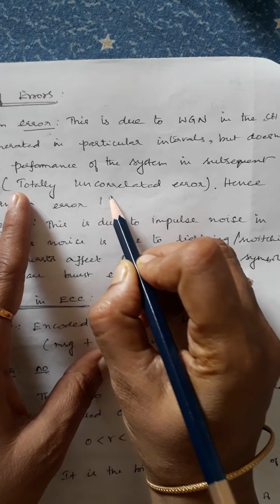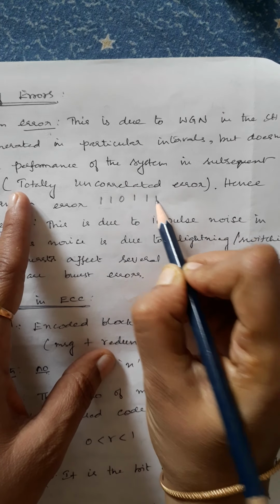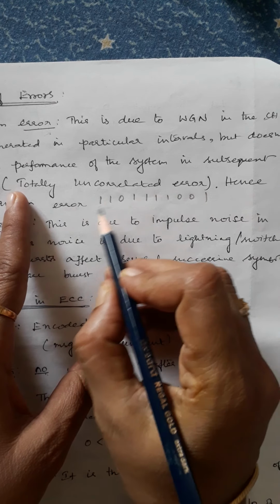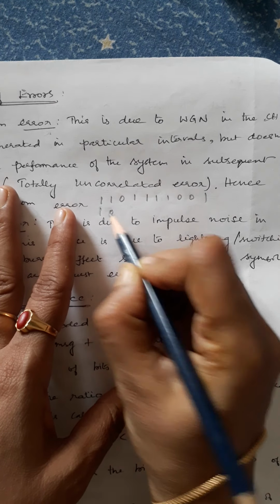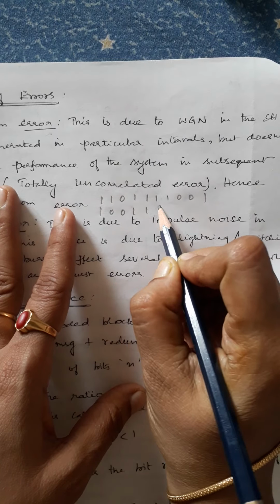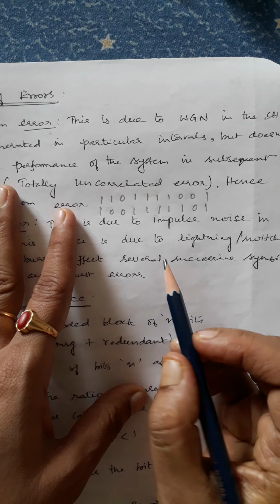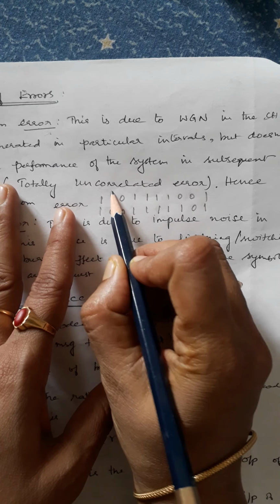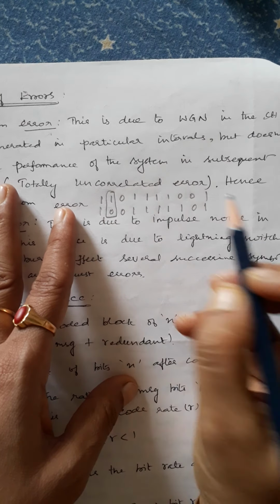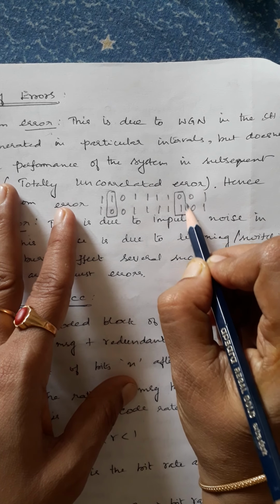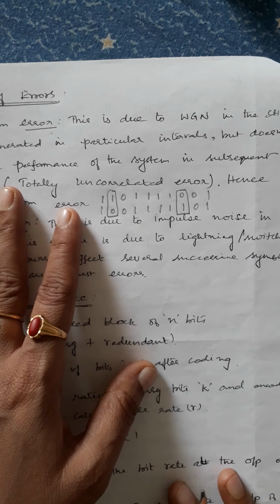Suppose I have got a sequence. Assume this is the sequence being transmitted. This is being received. You can see there is a change in the second bit, and after some interval of time, there is a change in another bit.